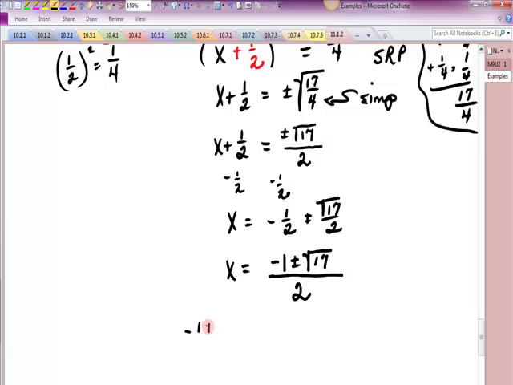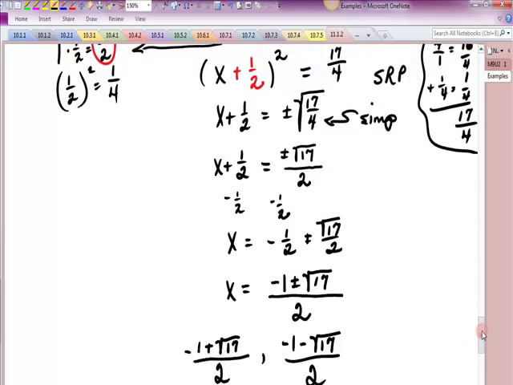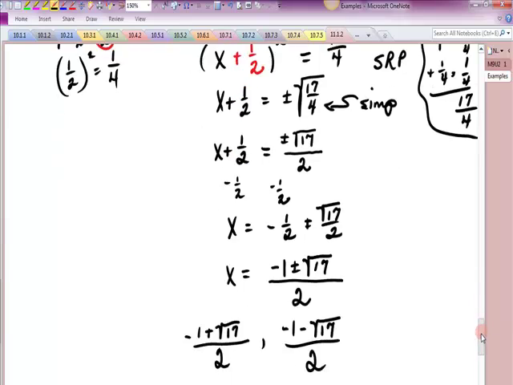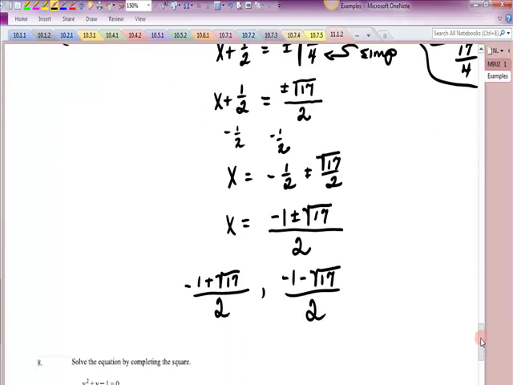Negative 1 plus the square root of 17/2. Make sure your comma is outside the fraction, outside everything. Negative 1 minus the square root of 17/2. And I haven't mentioned it in this lesson, but if you get irrational numbers with radicals, they will be conjugates.